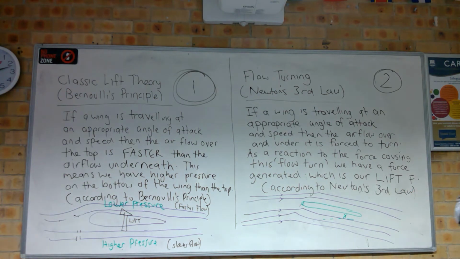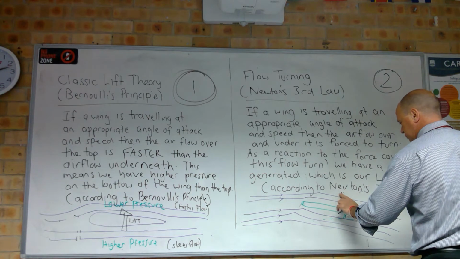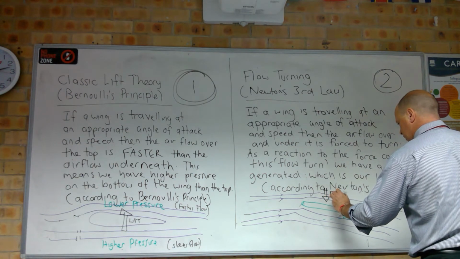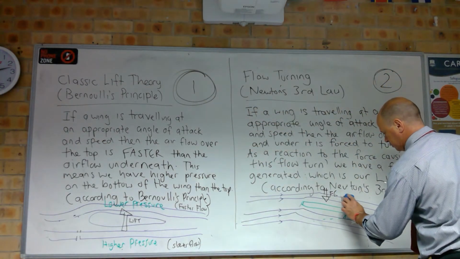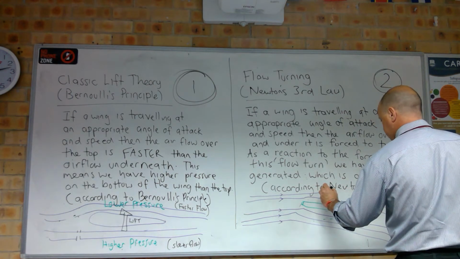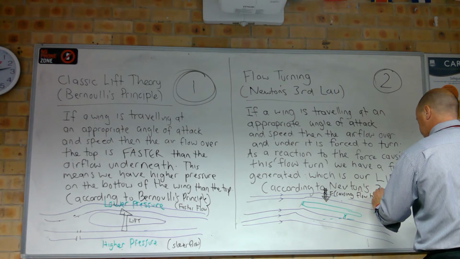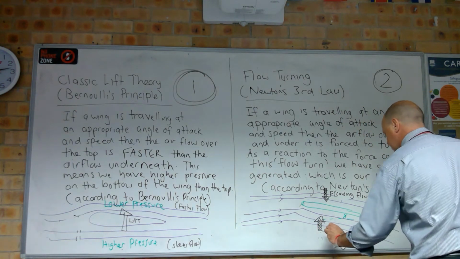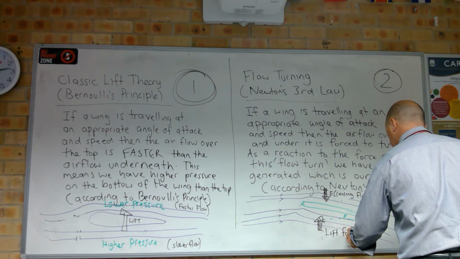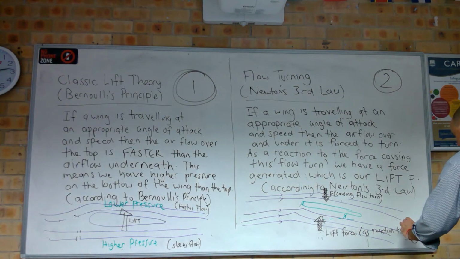Okay, so we can write up here, there's a force acting down, and we can say F causing flow turn, and then we can put a little arrow going up, equal and opposite really, and we can say lift force as reaction to flow turn force.